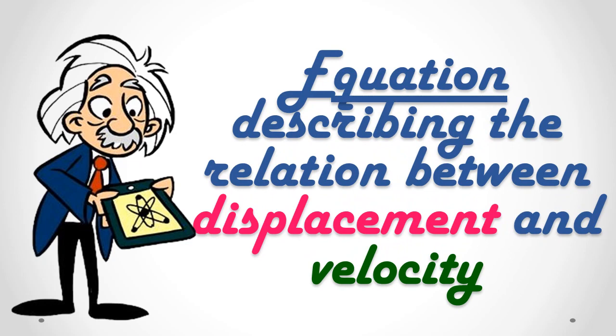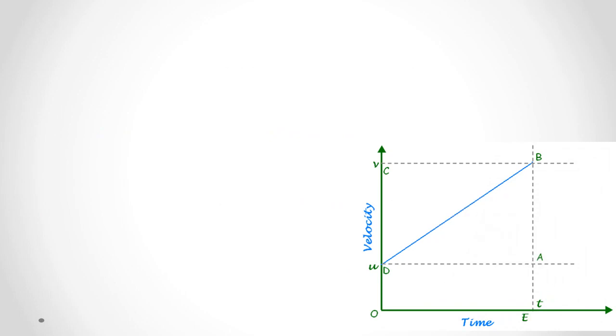Now our third equation will be the equation describing the relation between displacement and velocity. Again we are using the same graph for the third equation also. So students, we have seen that from the graph we determined the distance covered by the object in time t from the area of quadrangle DOEB, right? And DOEB is nothing but a trapezium.